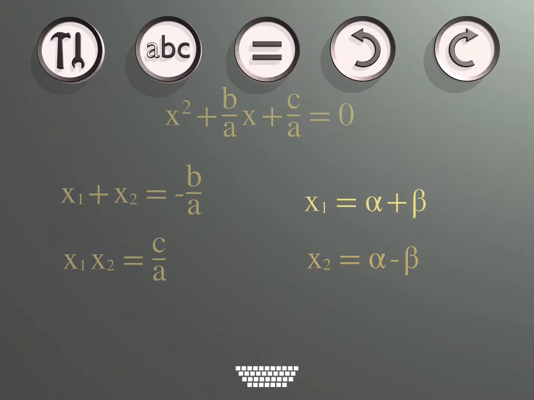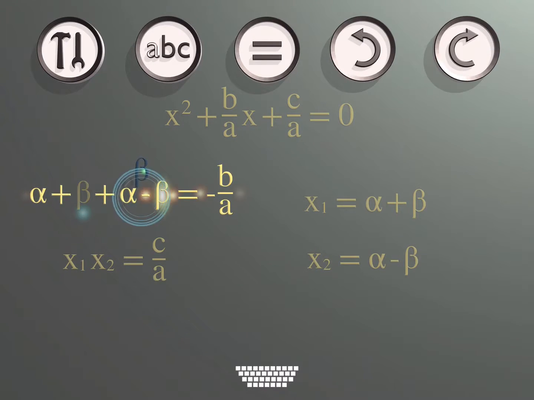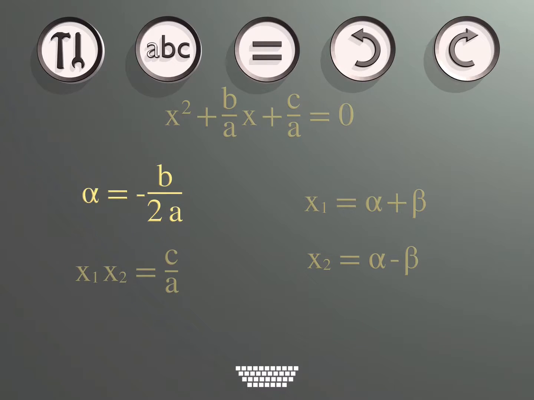The reason why I wrote them like this is if we notice this equation over here at the top involves x1 plus x2. So if we substitute x1 is equal to alpha plus beta and x2 is equal to alpha minus beta, the plus beta and the minus beta cancel out, so we can solve for alpha, which is great. Now let's see if we can use the bottom equation and solve for beta.